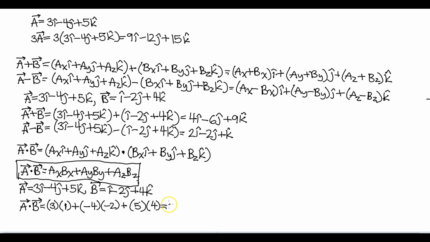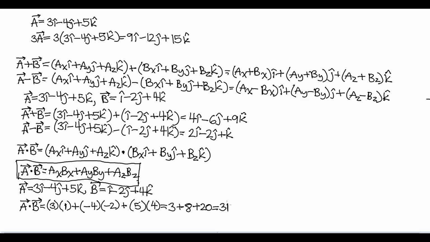We have 3 times 1 is 3, plus negative 4 times negative 2 is positive 8, plus 20. So 3 plus 8 is 11, plus 20 is 31. So the dot product A dot B of these two vectors is equal to 31.